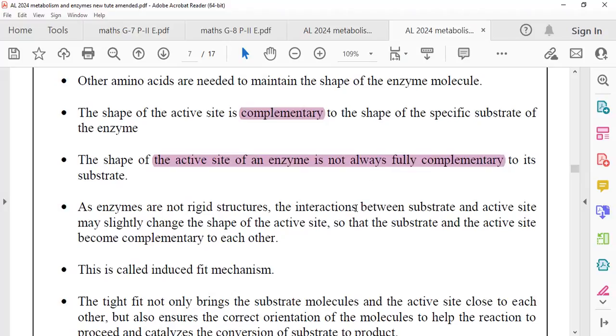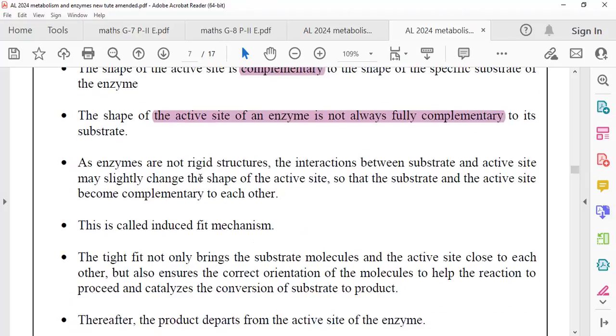So, if the enzyme is adjusting, can you describe them as rigid structures? No, they are flexible structures. Correct? Yes, they are adjusting. The interaction between substrate and active site can slightly change the shape of the active site, so that the substrate and active site become complementary to each other.